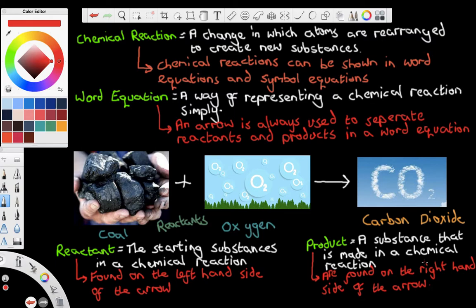They are found on the right-hand side of the arrow. In the case that's shown on the screen, we've got coal and oxygen, which are being reacted together. These are the reactants to form the product carbon dioxide. So this would be our product.